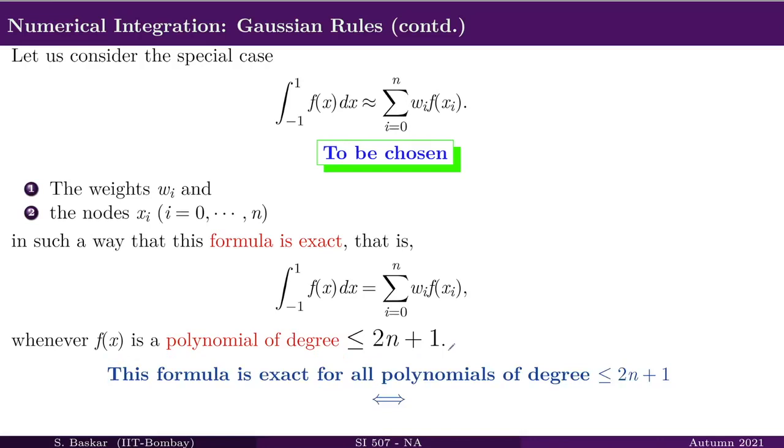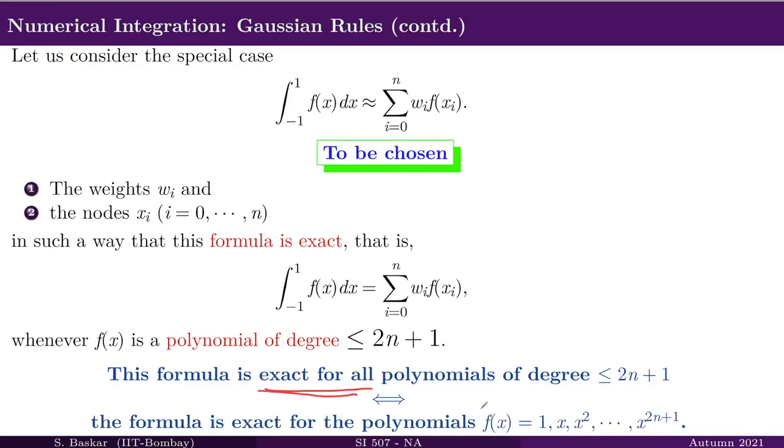So the quadrature formula should be exact for all polynomials of degree less than or equal to 2n plus 1. And as we have done in the previous case, here also we can break this one single condition into these 2n plus 2 conditions. That is, the formula is exact for polynomials f of x equal to 1. That gives you one equation.